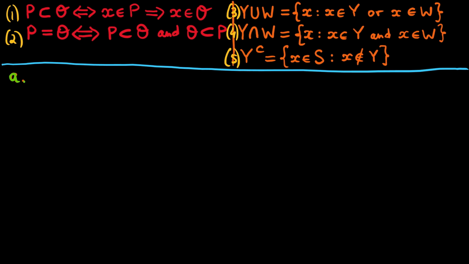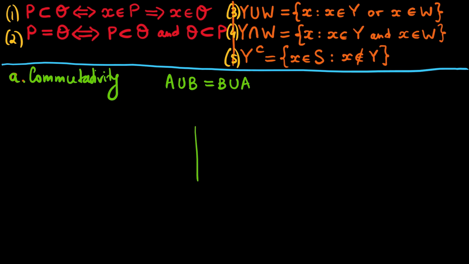So A, commutativity. The names of the laws are not important, but it's important to know what we can and cannot do with sets. So if we had 2 sets and we union them, took A union B, what we would get is a set, and it's the same set we would get if we instead did B union A. I think this is perfectly intuitive.